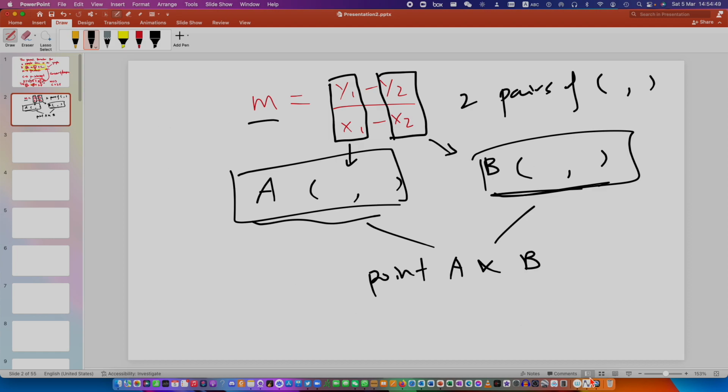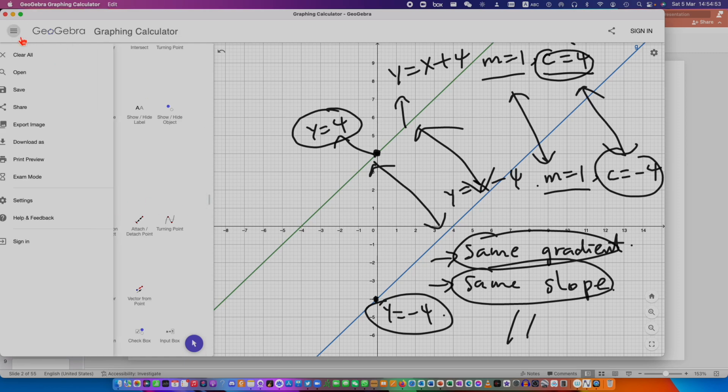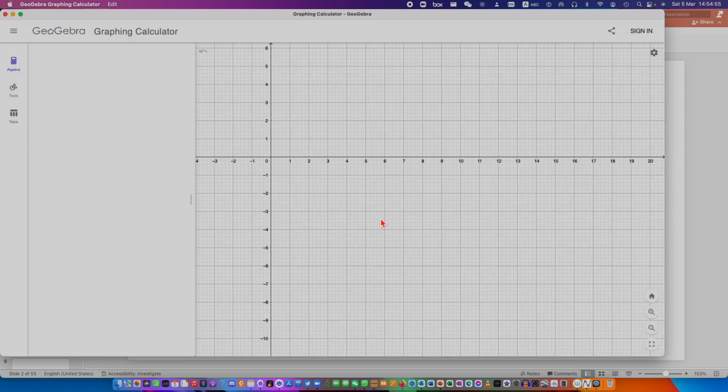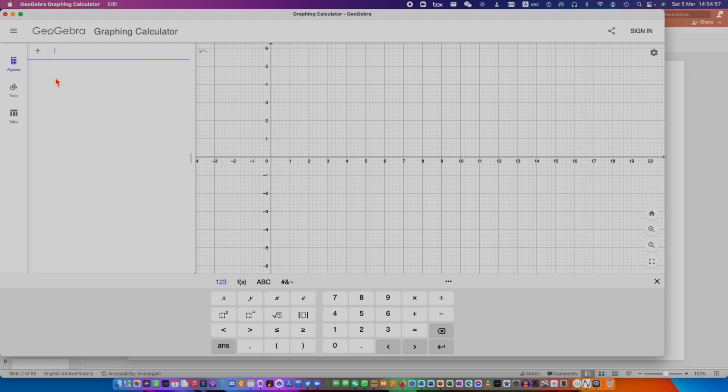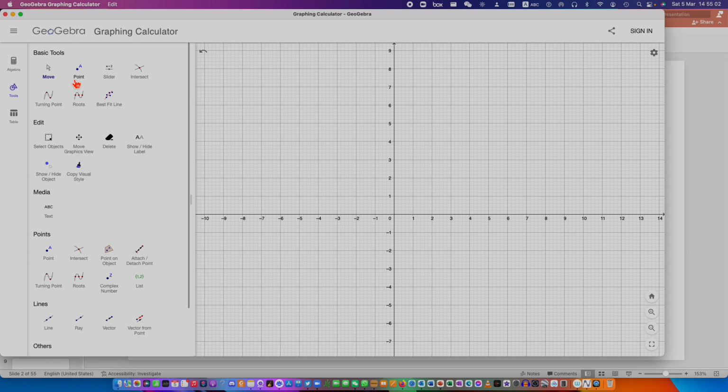Let me show you graphically. I was talking about this. Okay, so give me a point, any point, right? What point you want? Just give me a point off the top of your mind. 4, 3.